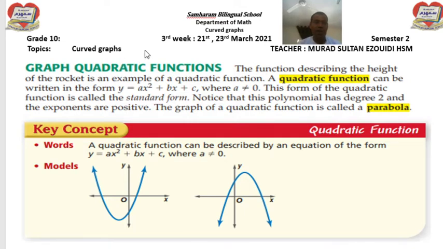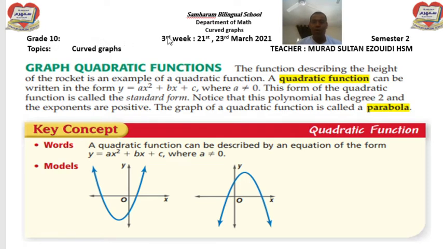Graph of a quadratic function. The function describing the height of a rocket is an example of a quadratic function. A quadratic function can be written in the form y equals ax squared plus bx plus c, where a is not equal to 0. This form of the quadratic function is called the standard form.